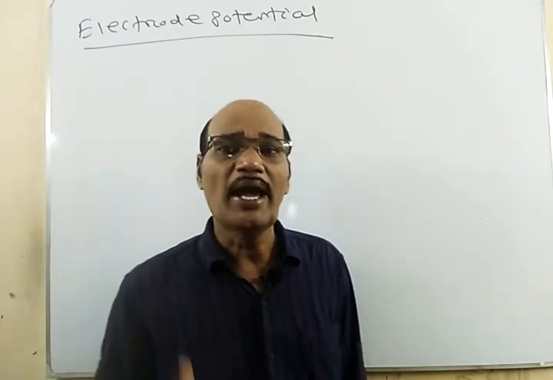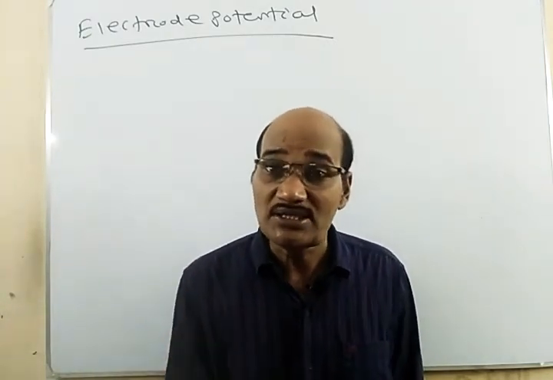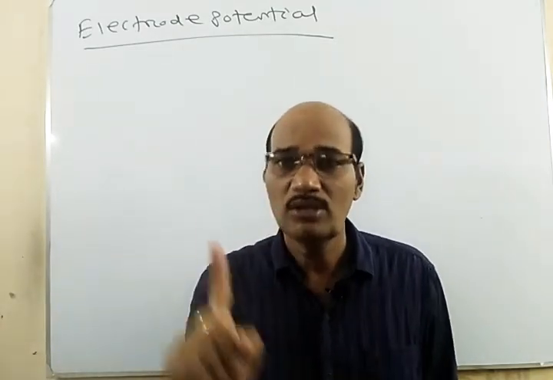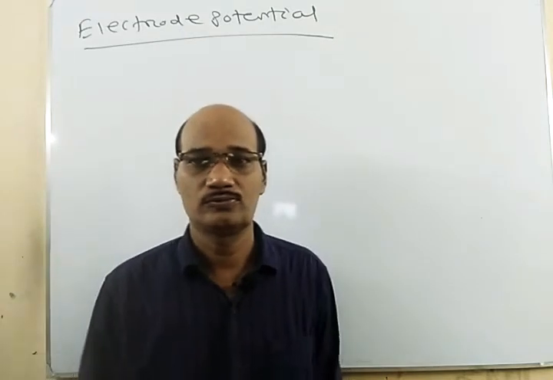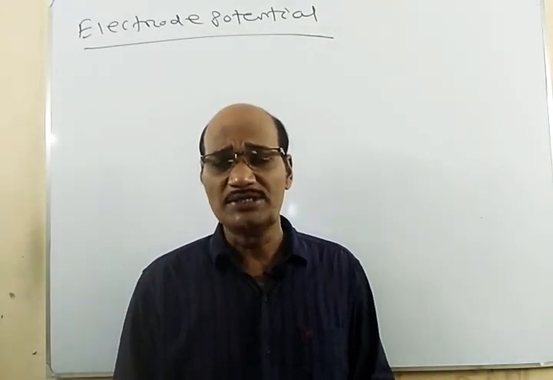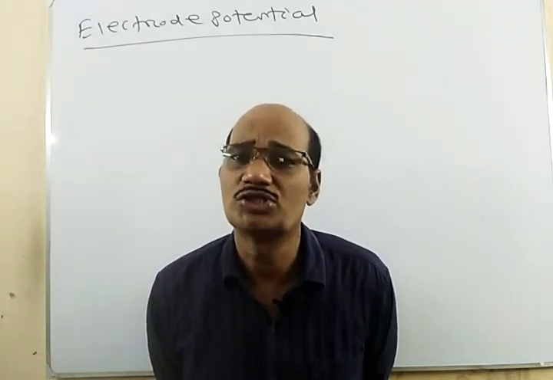And whenever an electrode is gaining electrons, it undergoes reduction, and its tendency to receive electrons is called reduction potential. So every electrode has its own reduction potential and its own oxidation potential.